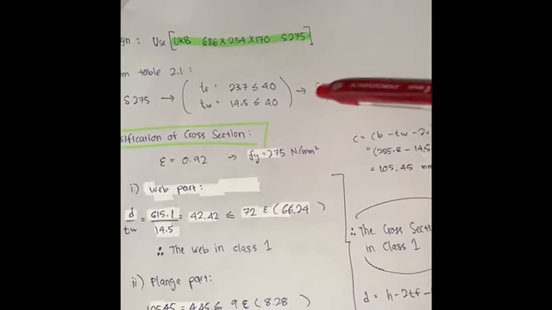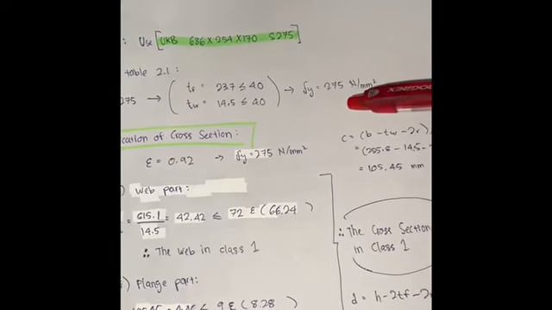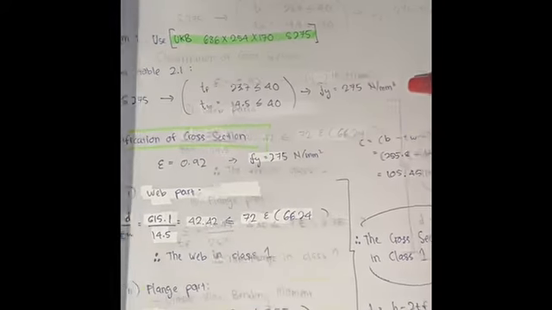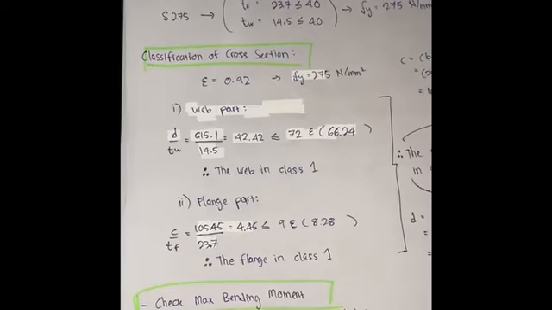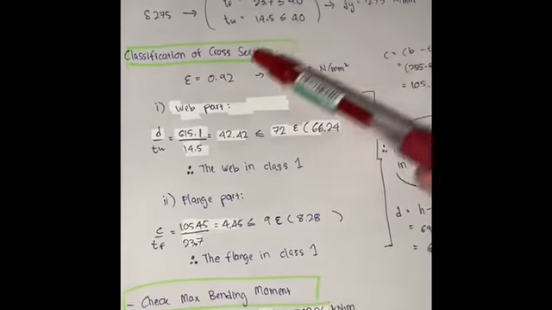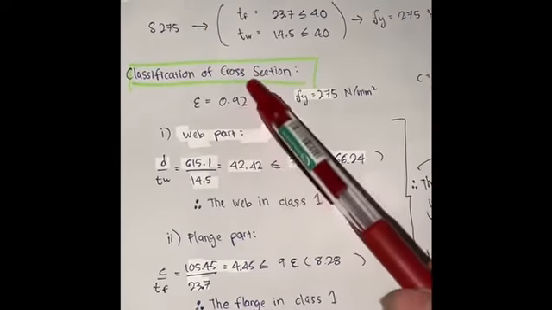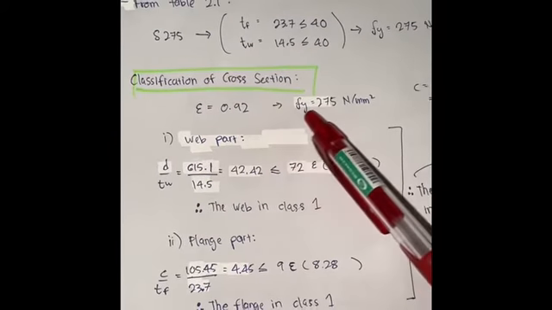Both are below 40, so I can use fy 275 Newton per millimeter squared. Now it's time to classify the cross section that we have chosen. For the epsilon, I have used fy 275 Newton per millimeter squared. So from the table, I can use 0.92 for the epsilon.